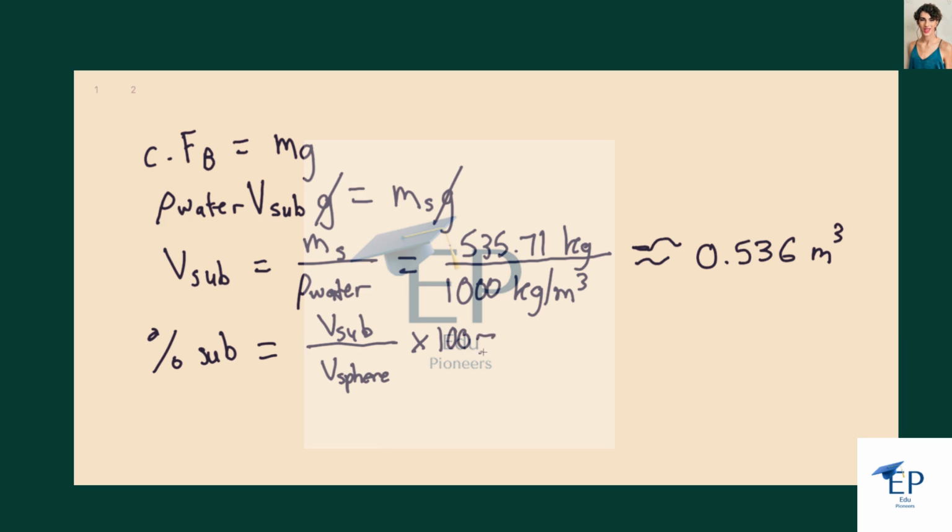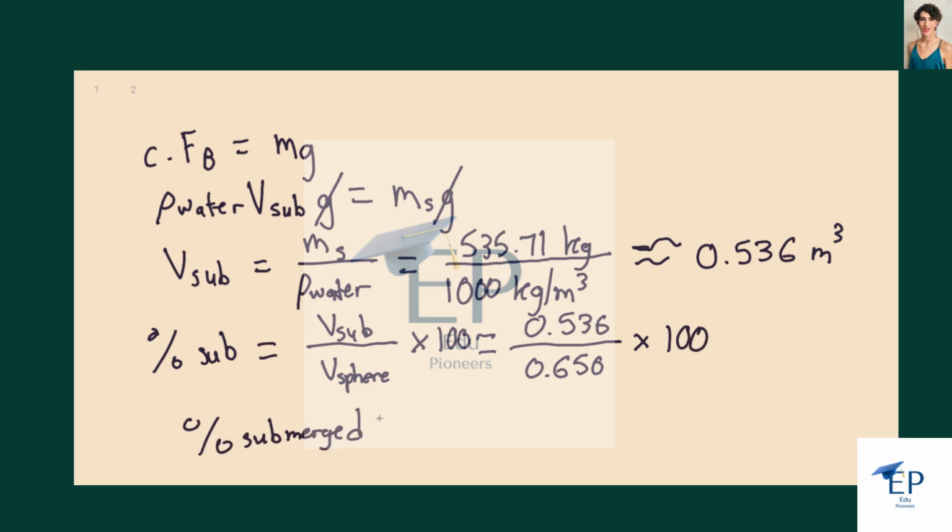And this is going to equal 0.536 divided by 0.650 times 100. And the percent submerged would be equal to 82.46%. So this is the answer for part C.